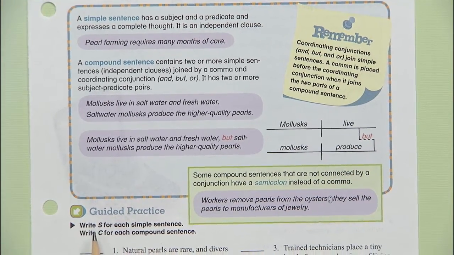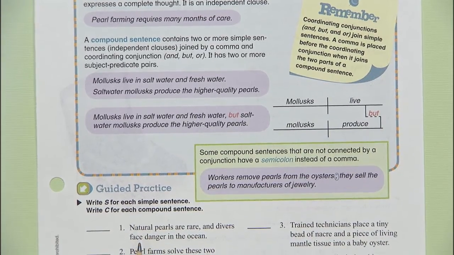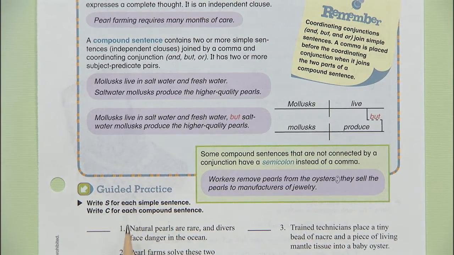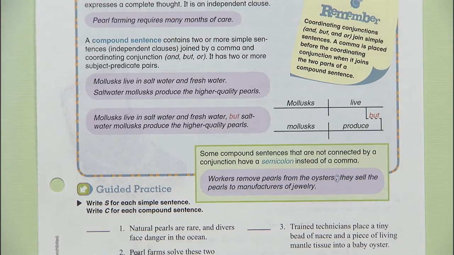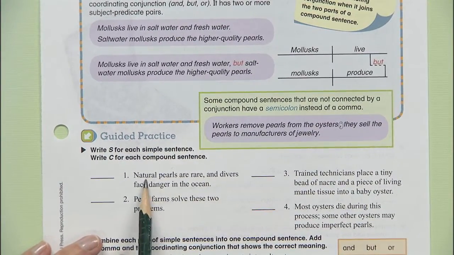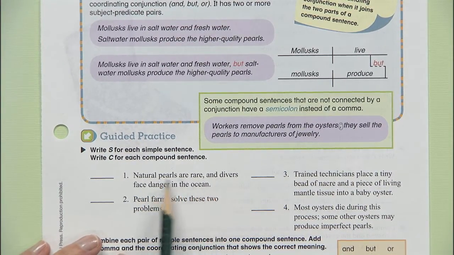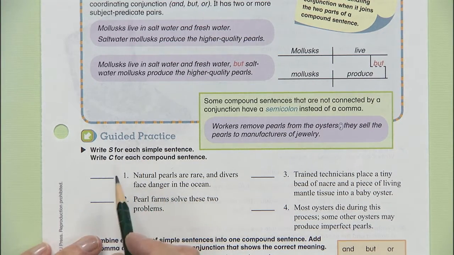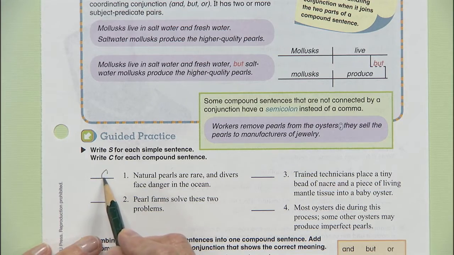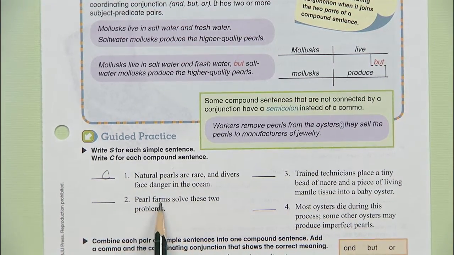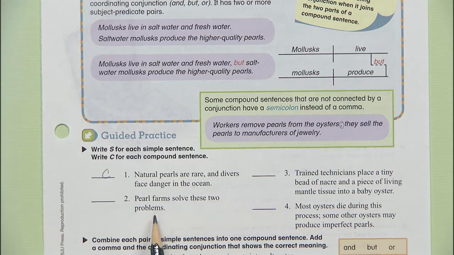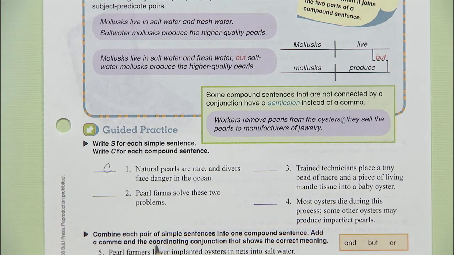So we're going to read the sentences here and decide whether they are simple sentences or compound sentences. We'll do a couple of these together. Natural pearls are rare, and divers face dangers in the ocean. That is two sentences, compound. Pearl farmers solve these two problems. Anything compound there?